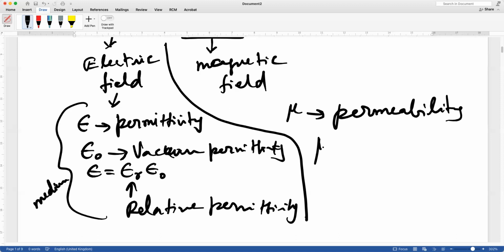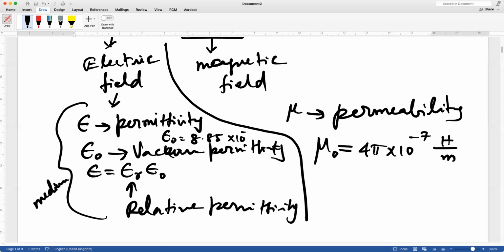Similarly, there is a mu naught, which is for the vacuum, and I will write that as 4 pi into 10 to the power of -7 Henry per meter. And here epsilon naught is going to be 8.85 into 10 to the power of -12 farad per meter.